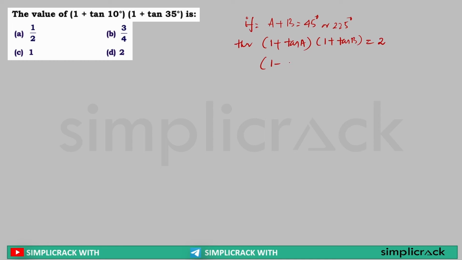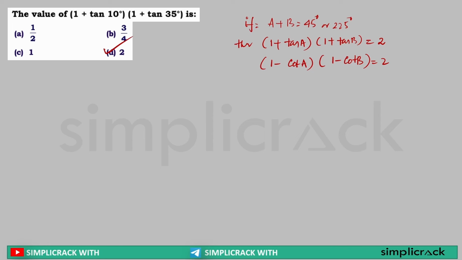Or 1 minus cot A into 1 minus cot B is equal to 2. Here A plus B is 45 degree, so 1 plus tan A into 1 plus tan B is directly 2. Remember this, factual question.